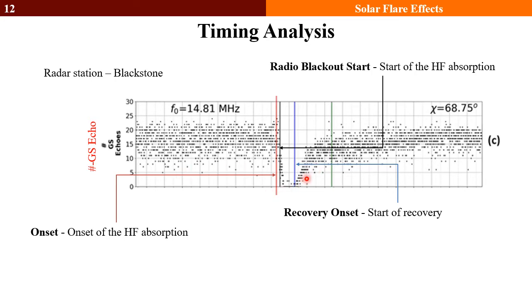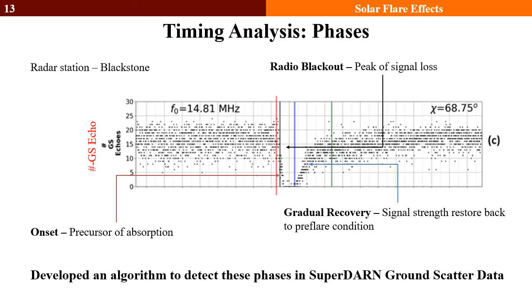After this point you can see a gradual increase in the background ground scatter echoes, so you can think of it as the ionosphere recovering. And finally, this green line is the point where the ground scatter has almost recovered. So there are three different phases identified by these four vertical lines.